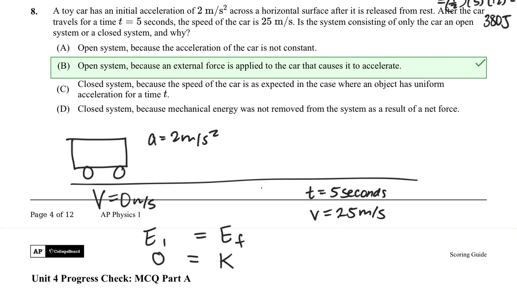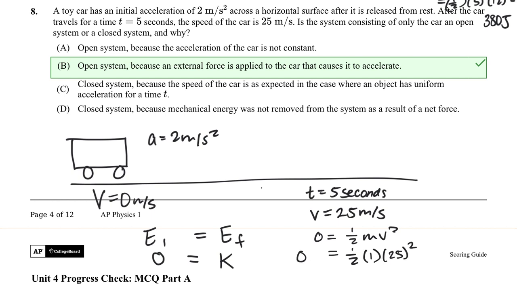So right off the bat, I already know that if I wanted to fill in numbers for these, then I could say that, I'm just going to bring it over here, 0 equals 1/2 mv squared, so 1/2 of whatever the toy car is, which replace the mass with 1, velocity is 25 squared, and 0.